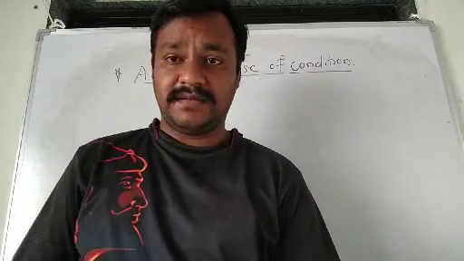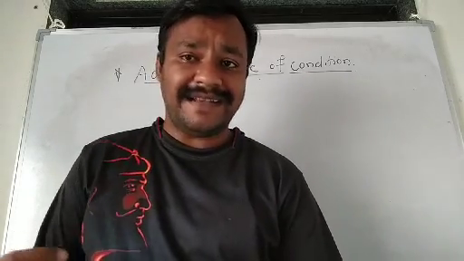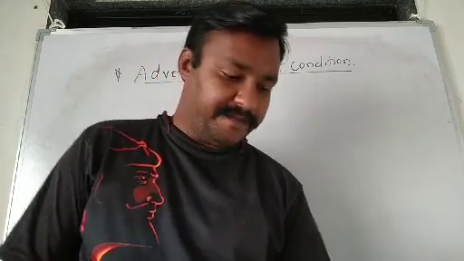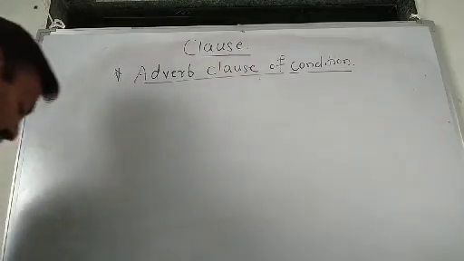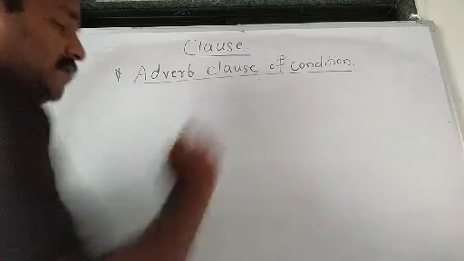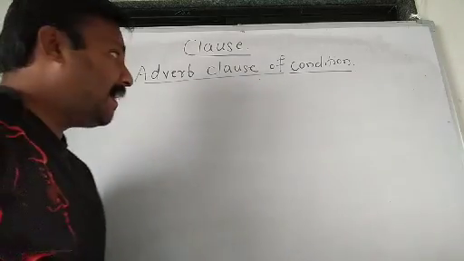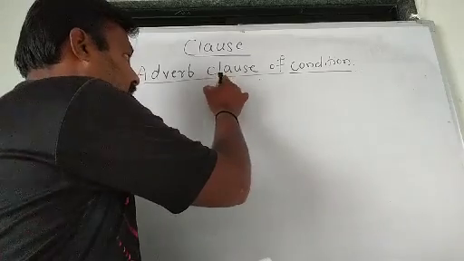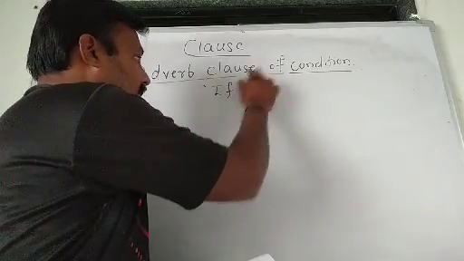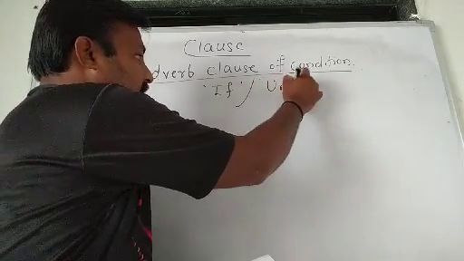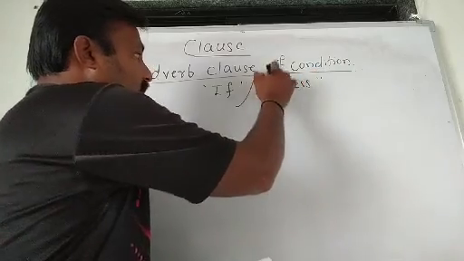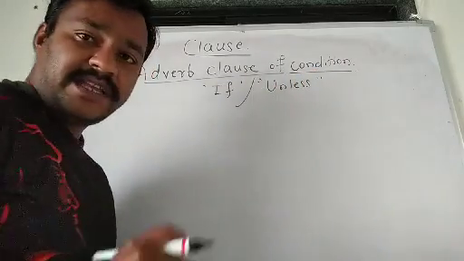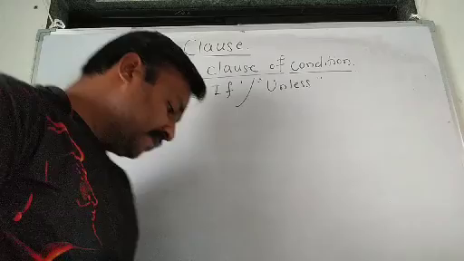It suggests condition for that particular action. Now let us have some examples. This adverb clause of condition is introduced by if or unless, and the words if and unless show condition.